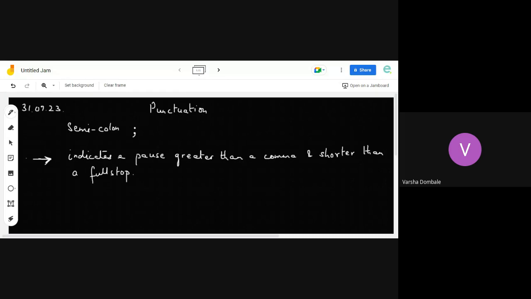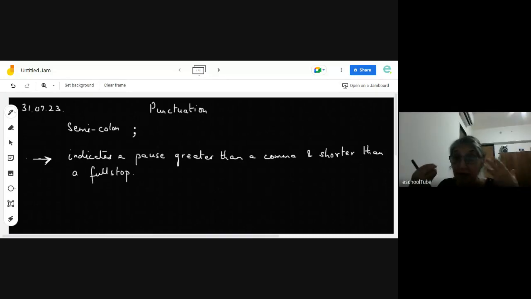Yes, ma'am. The conjunction joins the two sentences, or two words also. But then what is the use of this semicolon? Whenever we use a conjunction, we don't use a semicolon. So this is another way of joining two sentences, but without putting in extra words.